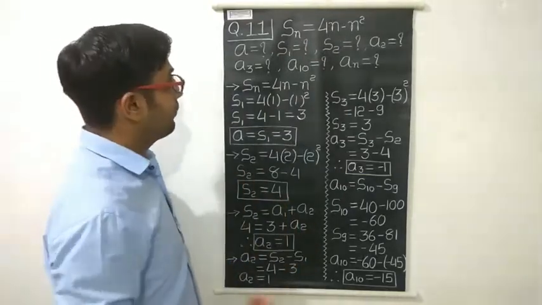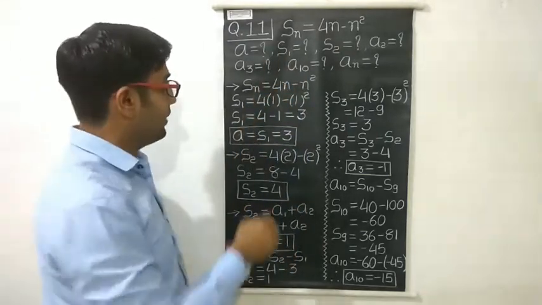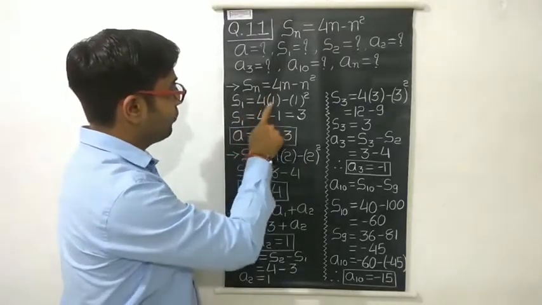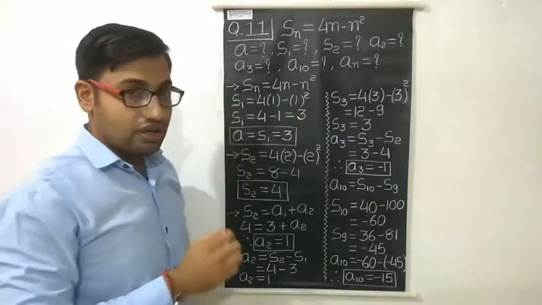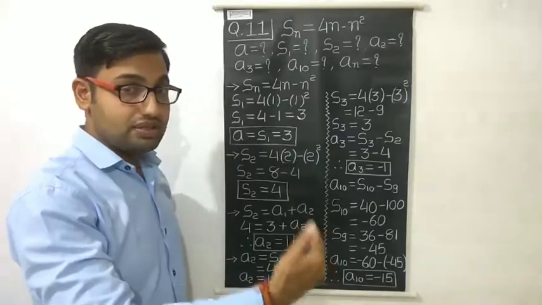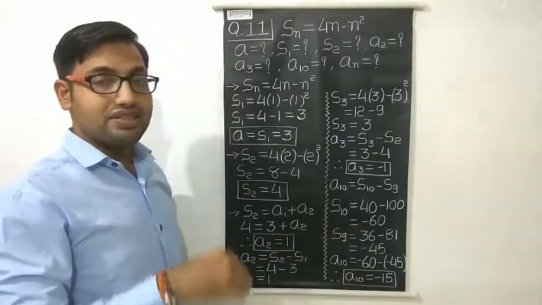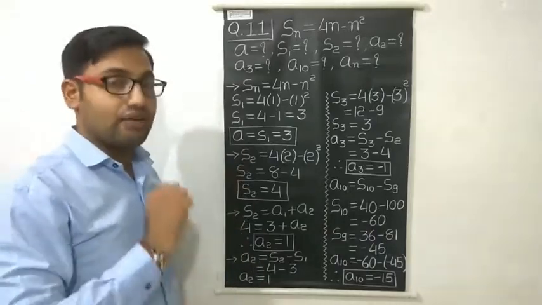Like for the first term, if we use n is equal to 1, then we get S1 is equal to 4 into 1 minus 1 square. S2 means the sum of the first two terms. S3 means the sum of the first three terms. What is S1? S1 means the sum of the first term, that means the first term itself.